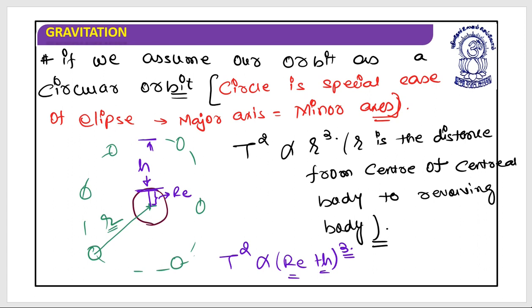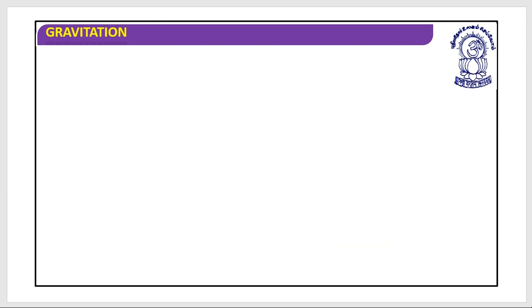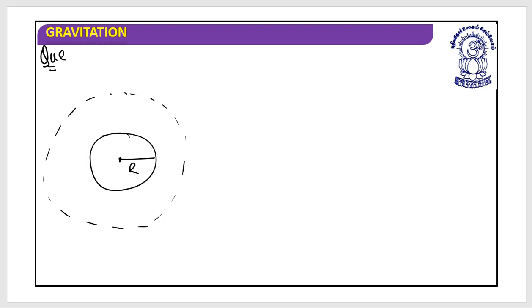Great. So now, ready for the questions? Be with your pen and paper and start doing it. Let's understand that this is the central body and the radius of the central body is r. It has one orbit, and this is the second orbit.